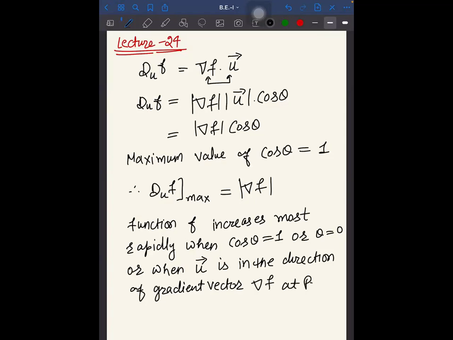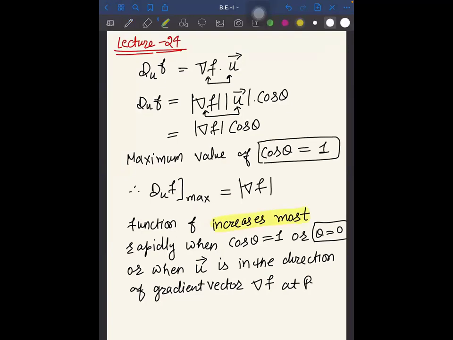See, cos theta equal to 1 means theta has to be 0. If theta is 0, that means del f and u are in the same direction. So your directional derivative will be maximum when u is in the direction of the gradient vector del f at point p, right?